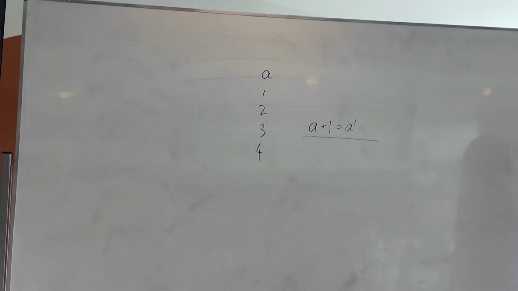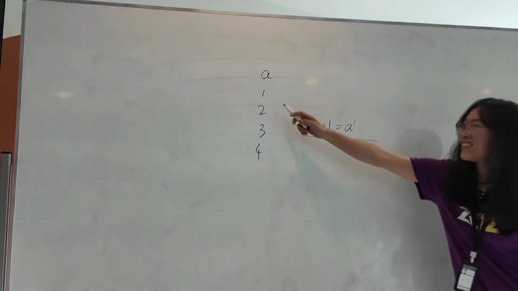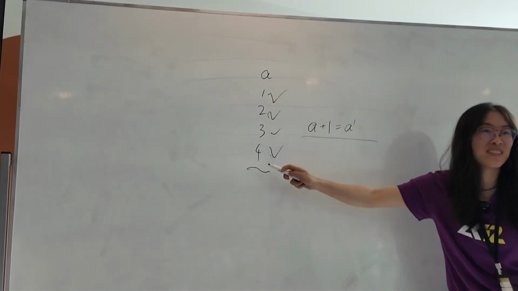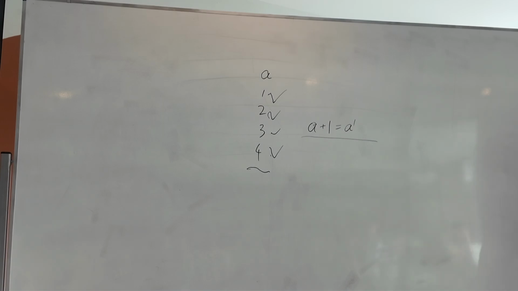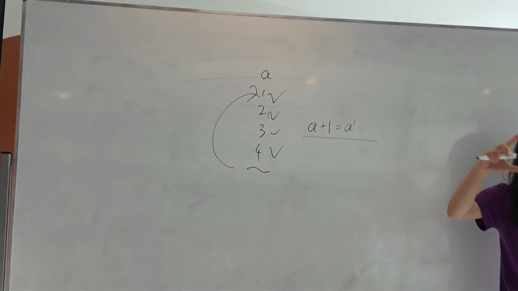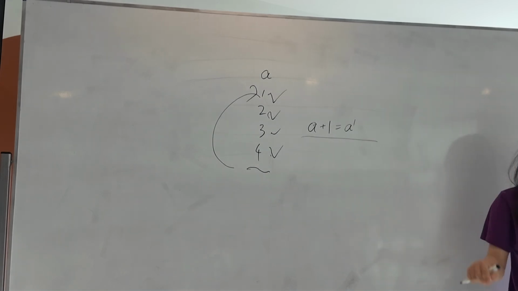Did you see what's wrong? This is okay, this is okay, this is okay, and this one. What's the next row? It goes back to the first one, because you are in this cyclic domain, right?